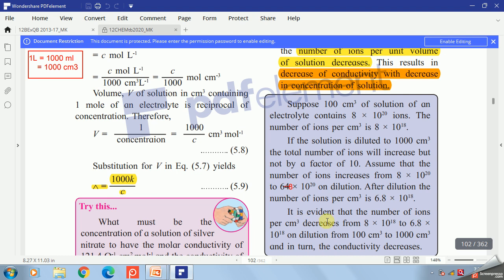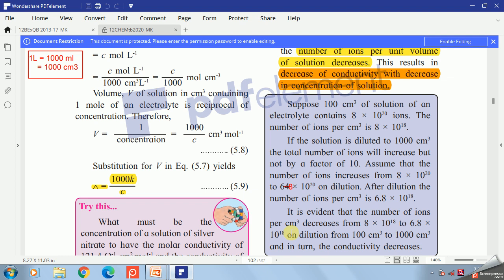So it is evident that the number of ions per centimeter cube decreases from 8 into 10 raised to 18 to 6.8 into 10 raised to 18. It is decreased, but our expectation is it should increase on dilution from 100 centimeter cube to 1000 centimeter cube. So our expectation is not satisfied, therefore conductivity decreases.